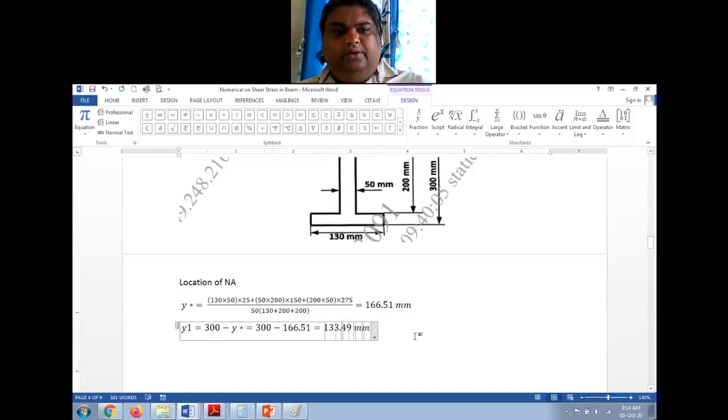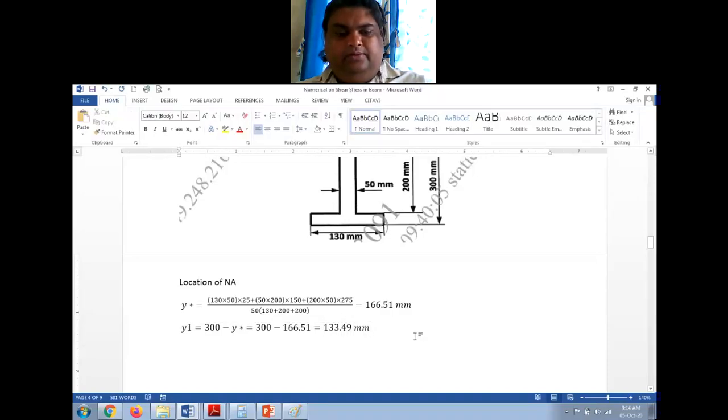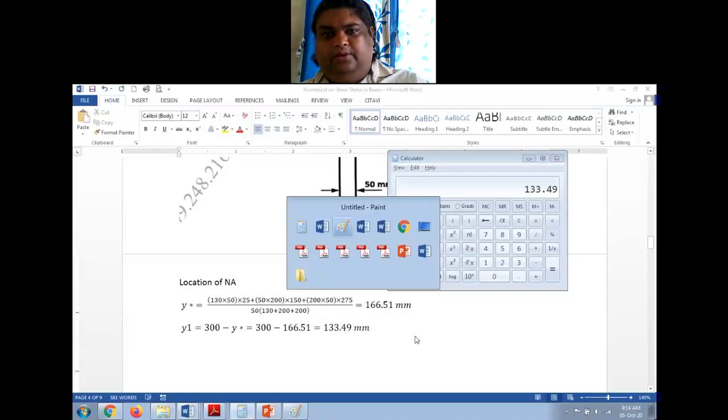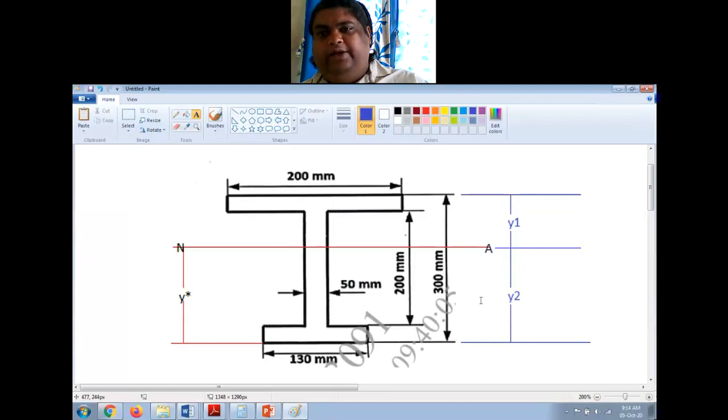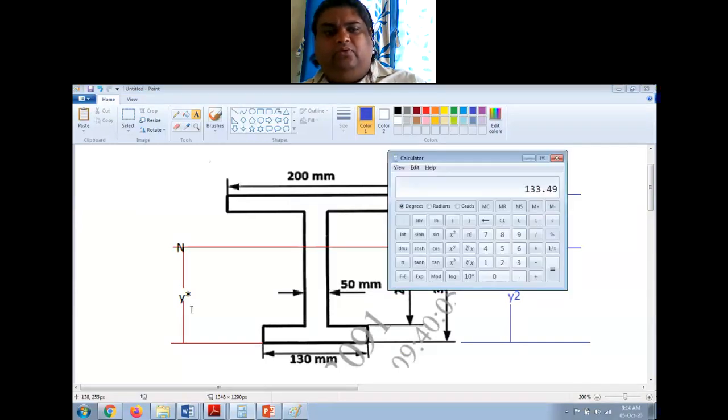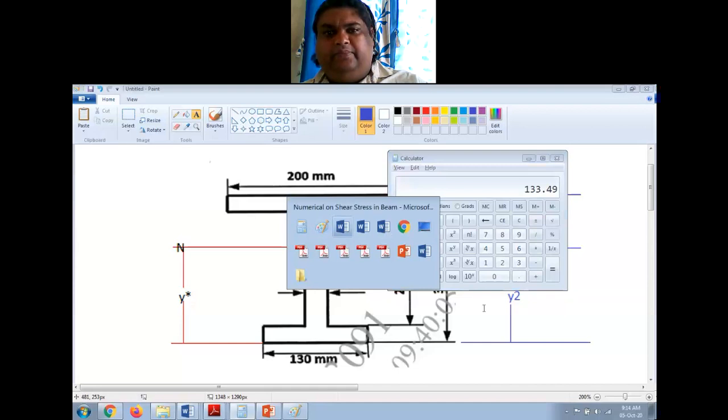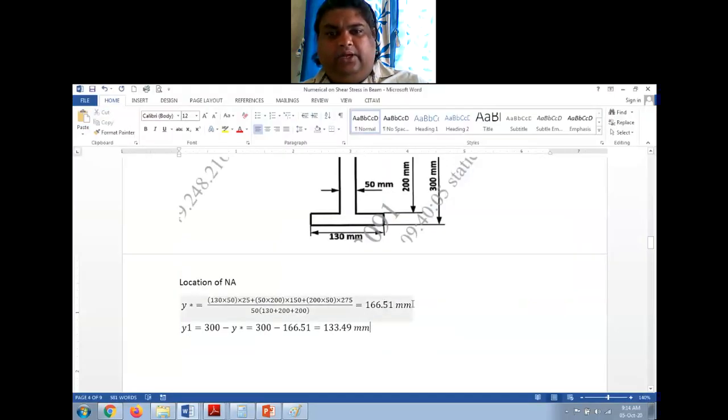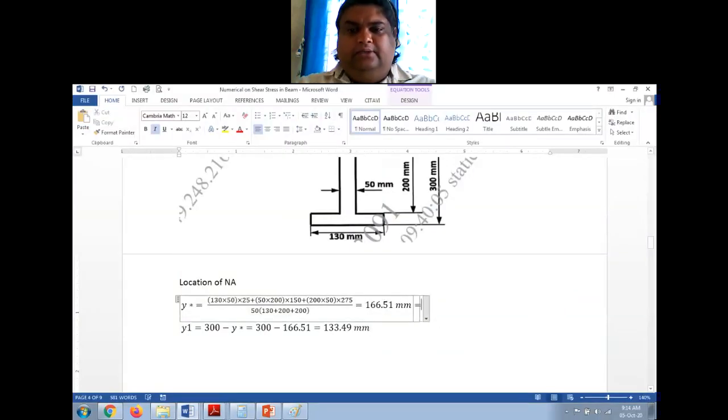Okay. And y2 is equal to y star only. So I'll directly write it here. This is equal to y2.